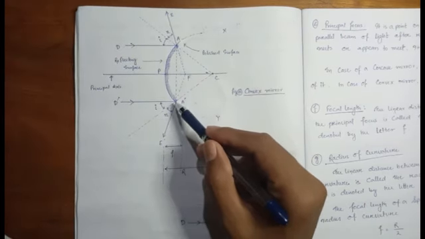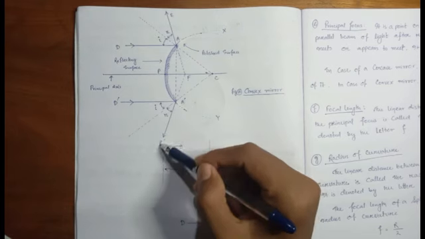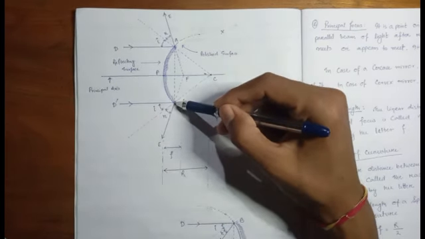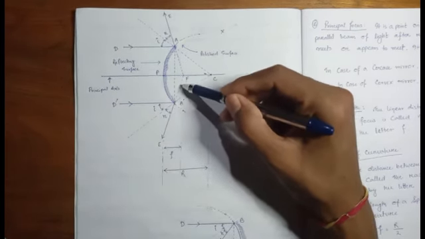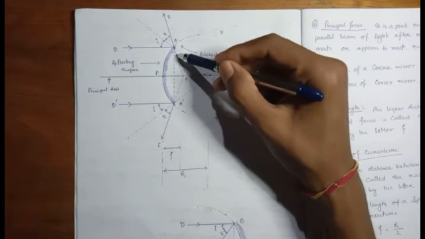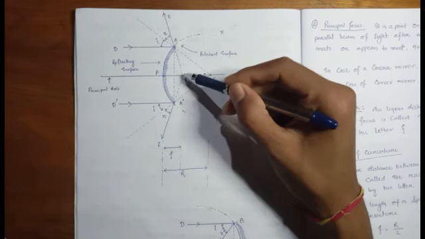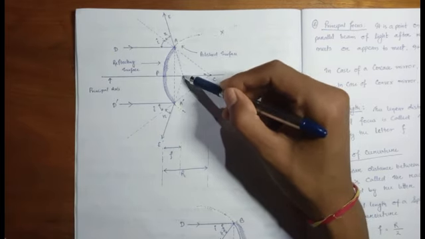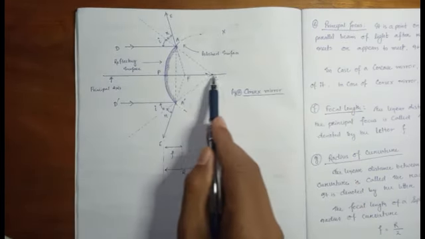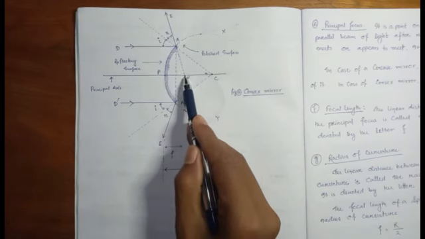When it strikes the mirror, after reflection it becomes A dash E dash, and if you draw it in the backward direction, then it appears to pass through the point F. So what does meet mean here? They appear to meet at a point on the principal axis. This line is called principal axis. They appear to meet at the point.